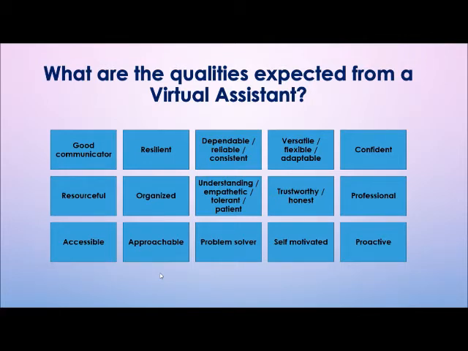Since English is not really our first language, we'll be having some grammar lapses, but that's okay. As long as you're able to understand what the client said and you would be understood by your client, then that would be fine.